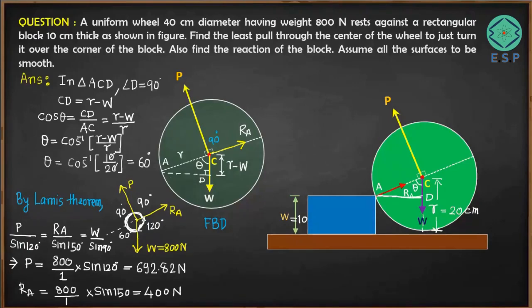So we got the answer: RA, that is reaction at point A, as 400 newtons, friends, and the second thing, the minimum pull required, that is P, as 692.82 newtons. We will see some more examples similar to this to understand the application of Lami's theorem in case of coplanar concurrent forces.